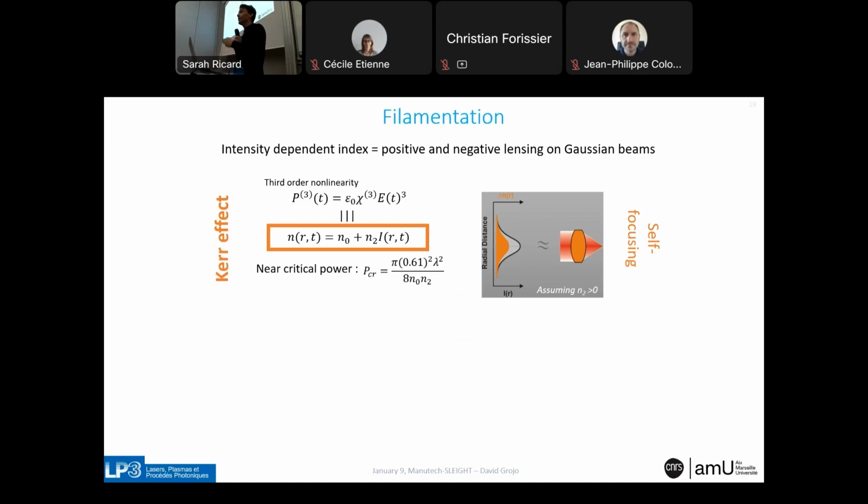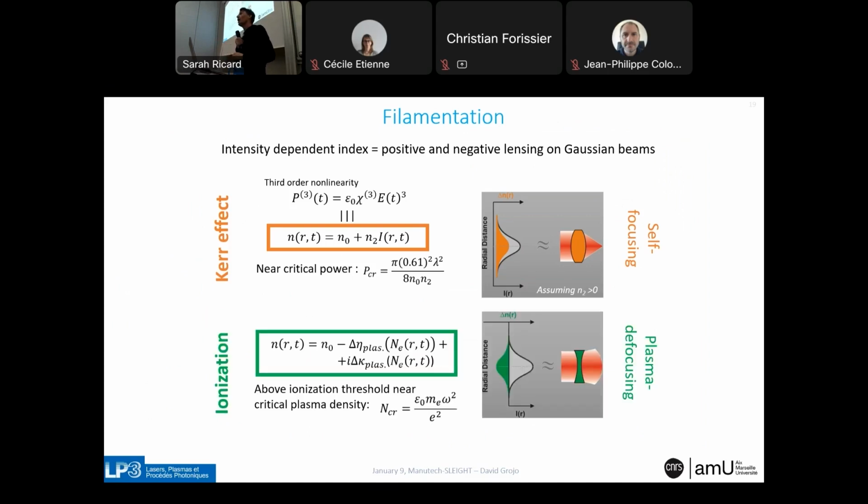In practice, when we do processing, we also ionize the material. If you look at the expected index change with plasma formation, so free carrier formation, you find a negative refractive index change that scales with the free carrier density.